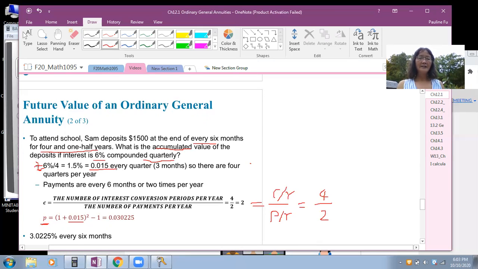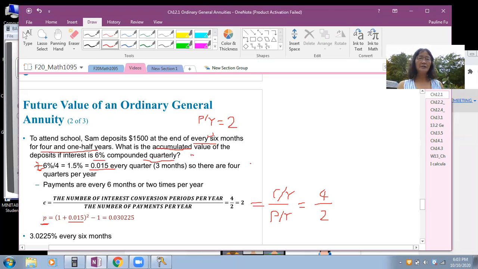Next, we need to determine CY and PY. The son makes deposits every 6 months, which means in 1 year he made 2 deposits. So PY equals 2.